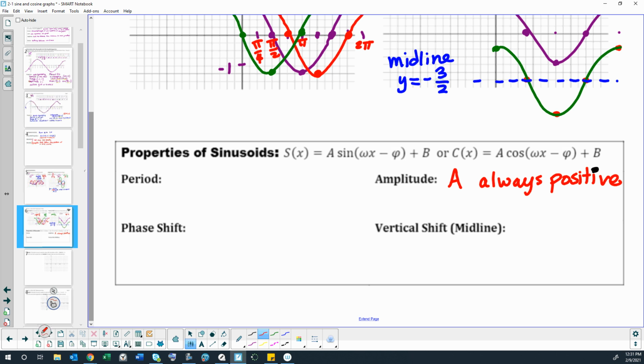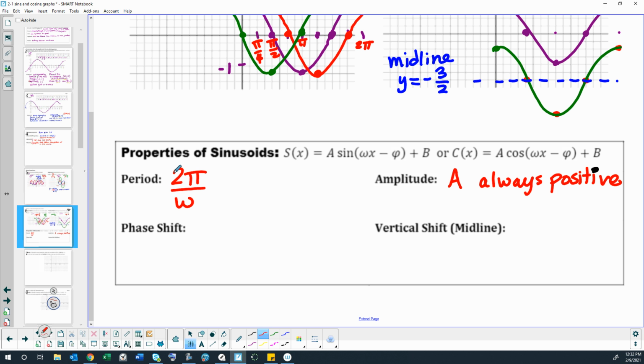So what it normally is, is 2 pi. But if you divide the x value by a number less than 1, it's going to make the period get bigger, right? So basically, the period is going to be 2 pi divided by this little number right here, omega. That's a Greek letter, omega.